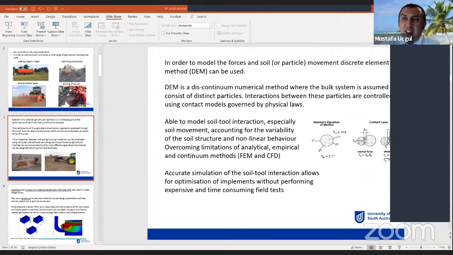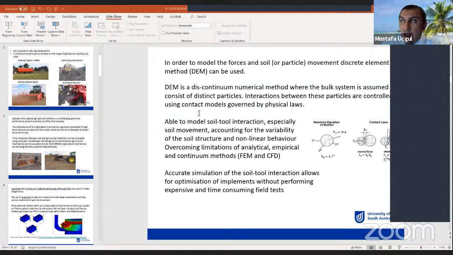As a method, we can use the discrete element method, which is a particle-based method. It's a discontinuum method, and its main advantage is that once the particles are in contact, we can follow each particle until the end point. So this helps us to calculate the soil movement as well as the forces, which is a great tool.